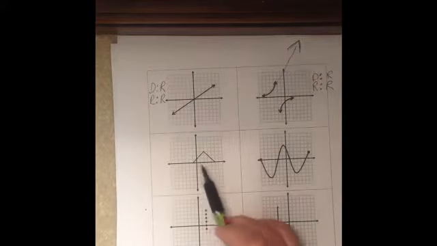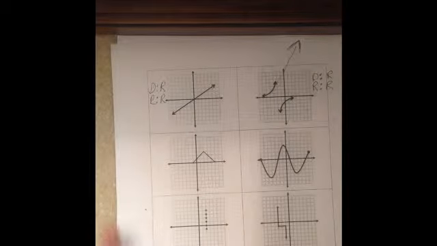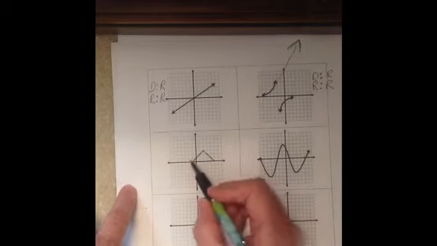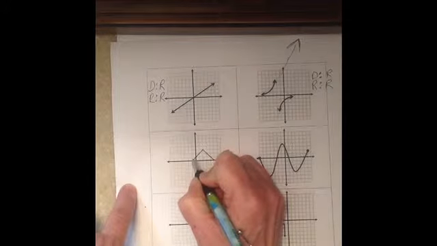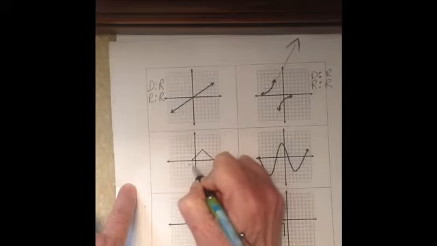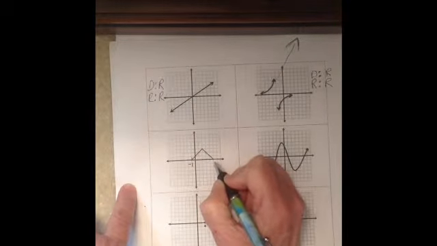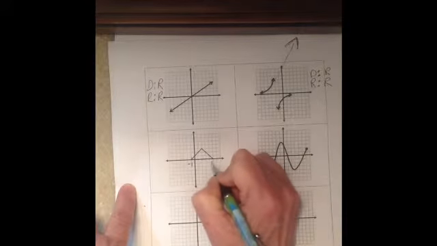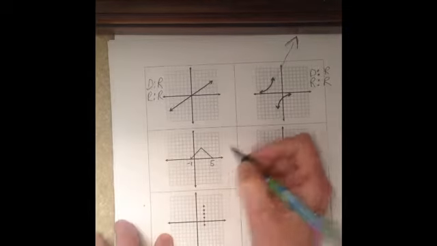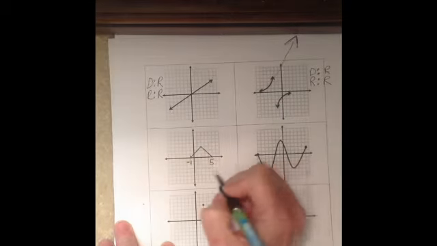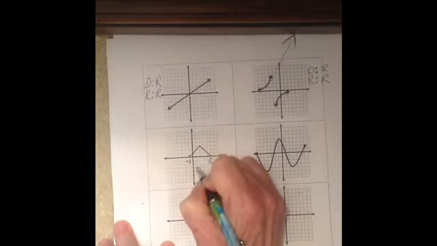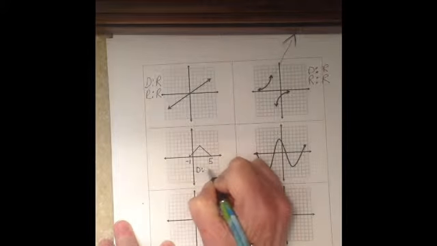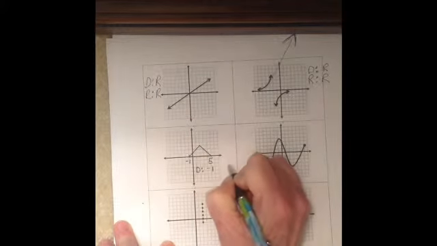So let's look at this one. We've got a triangle. So remember, domain's left to right. So my furthest left point is -1. My furthest right point is 1, 2, 3, 4, 5. Remember I've got two endpoints. So when I write my domain, I'm going to put my endpoints.